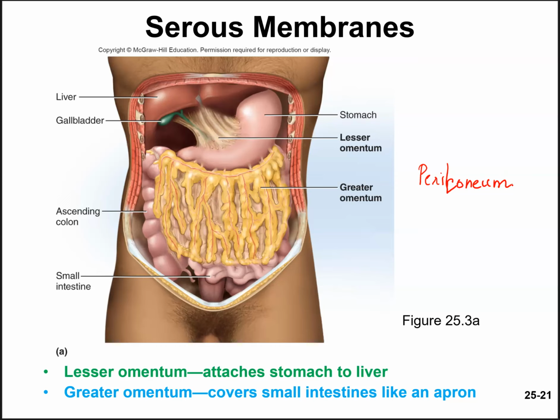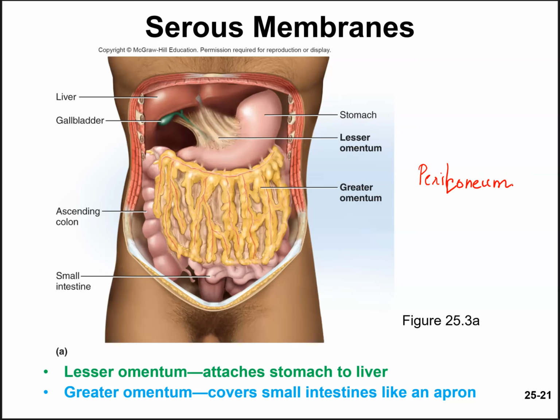Just like any other cavity protecting the organs, like the pleural cavity and the pericardial cavity, the peritoneal cavity is also a very thin lining of serous membrane which protects the abdominal region.